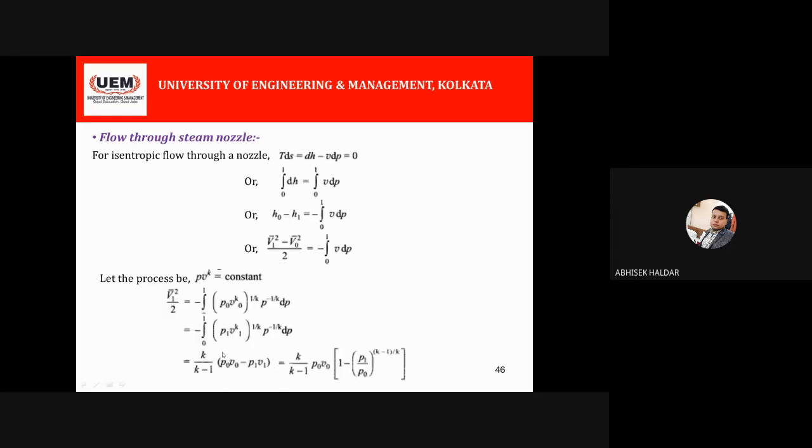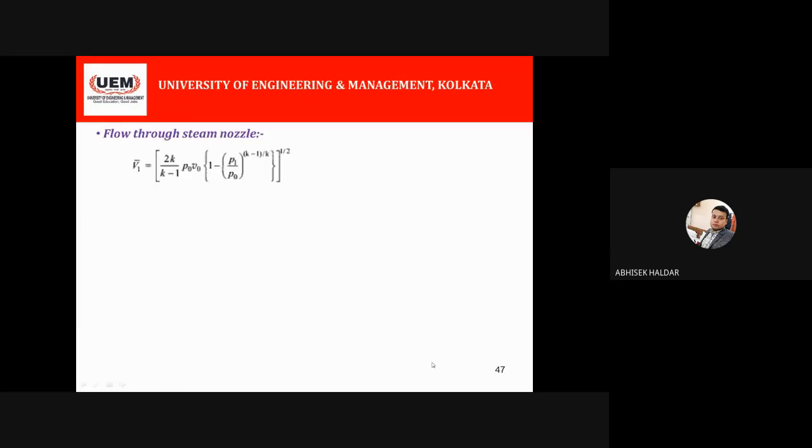So try this at home. There are 3-4 steps in between. And if I take P0 V0 common outside, I am getting something like this: 1 minus P1 by P0 to the power k minus 1 by k. I am again rewriting this equation on the next slide, this last equation whatever I have got.